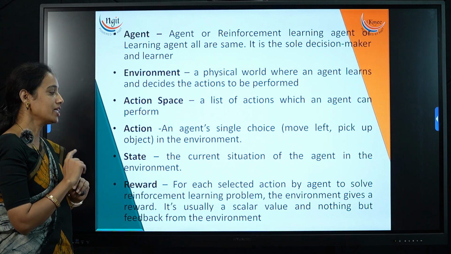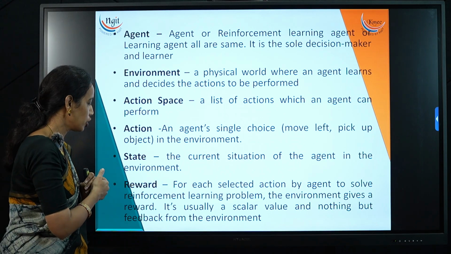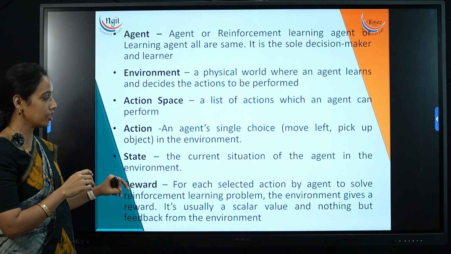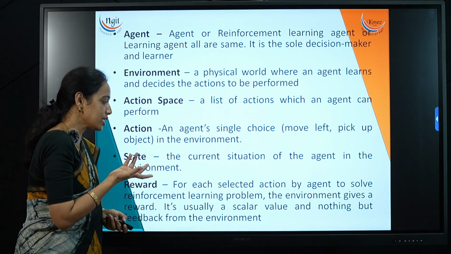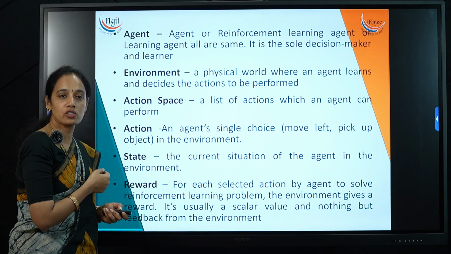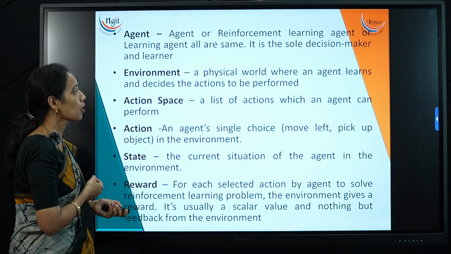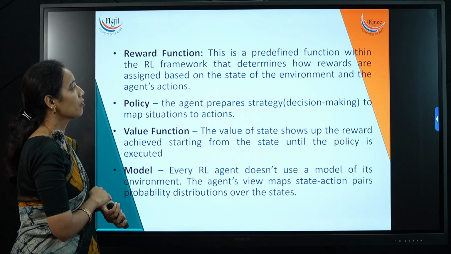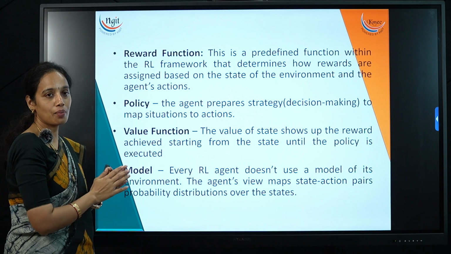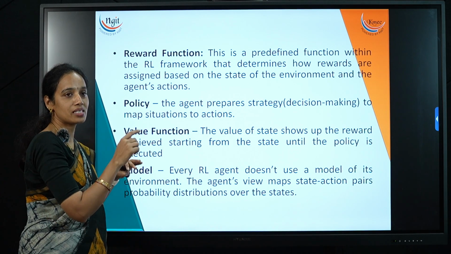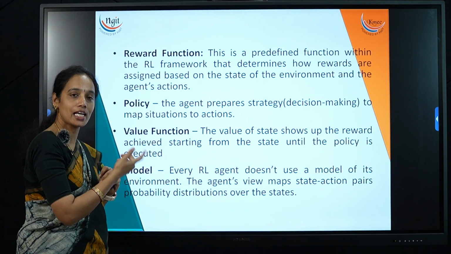Reward: for each action selected by an agent, the environment gives a reward, which is usually a scalar value, the feedback from the environment. Then the reward function is a predefined function within the RL framework that determines how rewards are assigned based on the state of the environment and the agent's action.